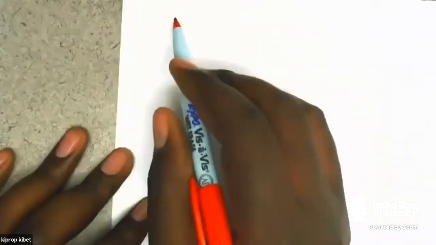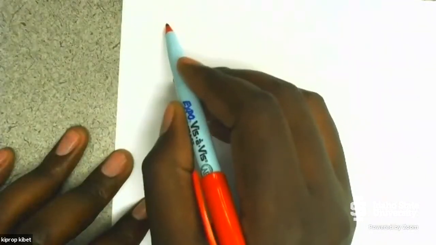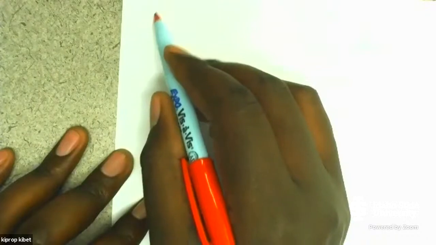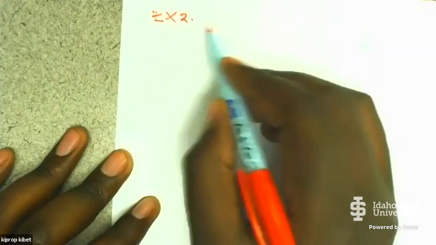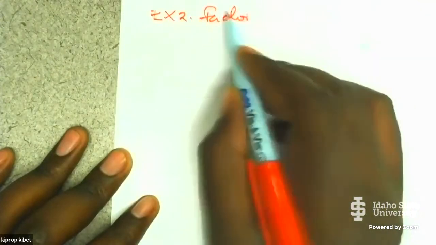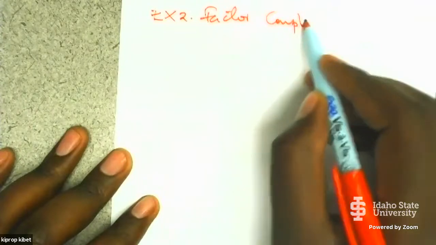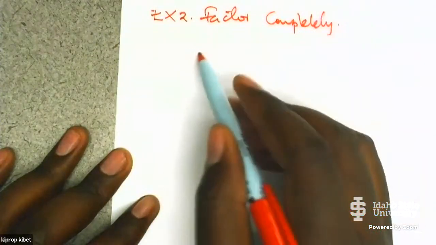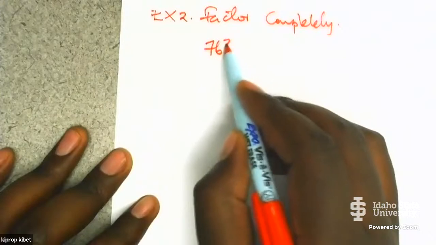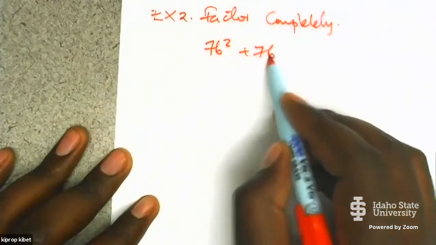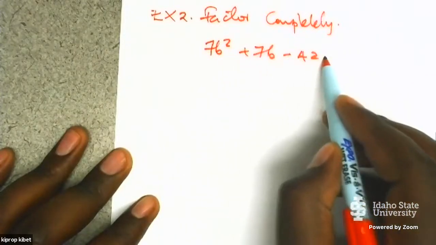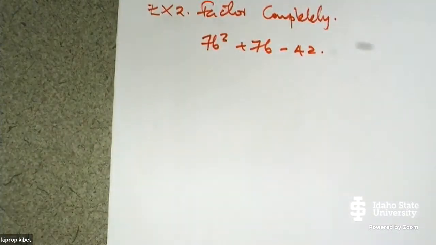Okay, now another example. Example 2: factor completely 7b squared plus 7b minus 42.